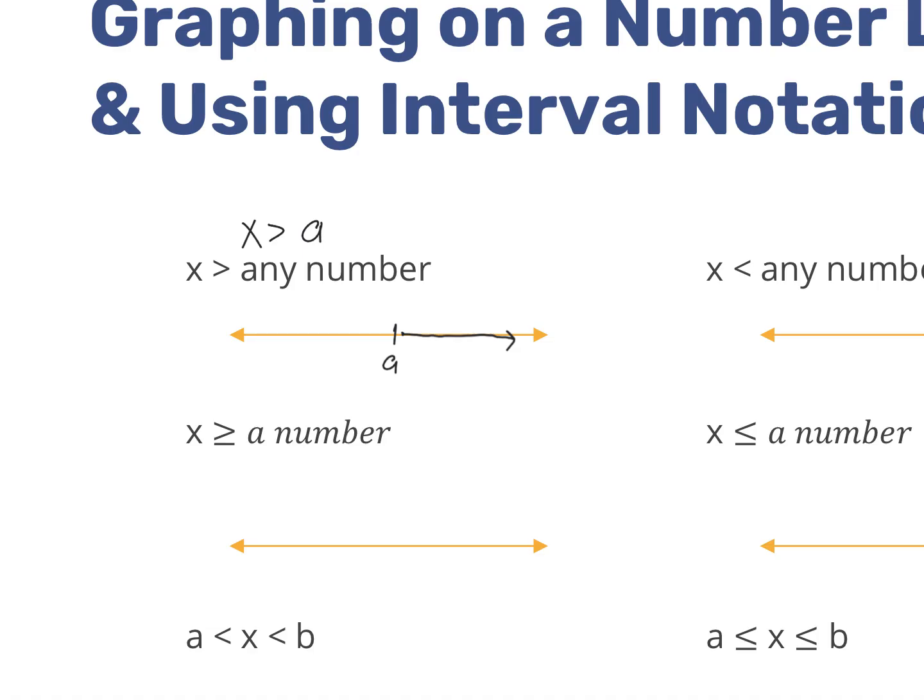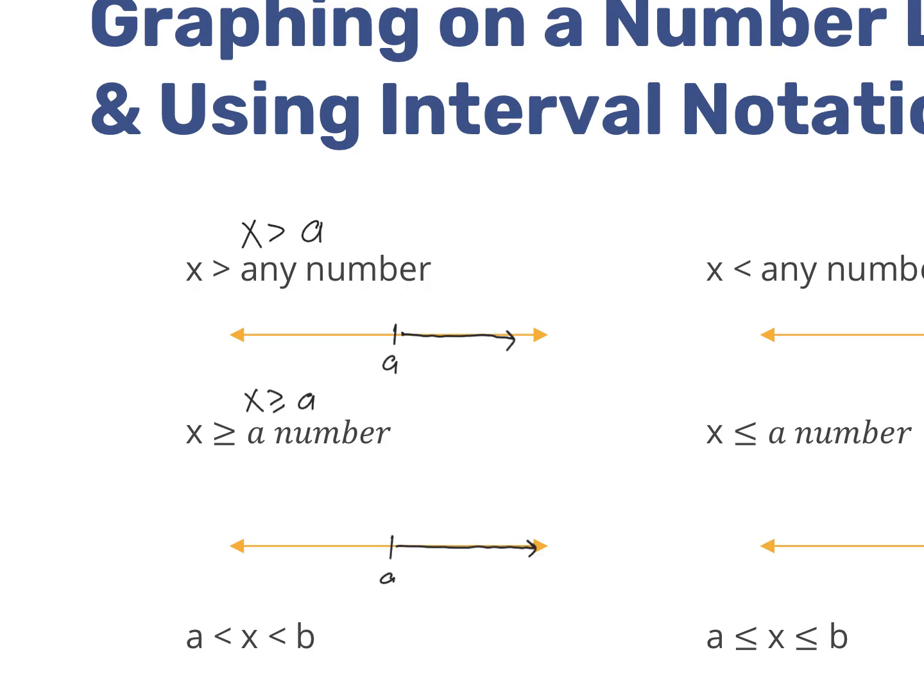And if we remember, this is different from the one right below it, which is x greater than or equal to a. If I plot that, it's still going to be shaded in the same direction, but we aren't going to have the same exact behavior at a.